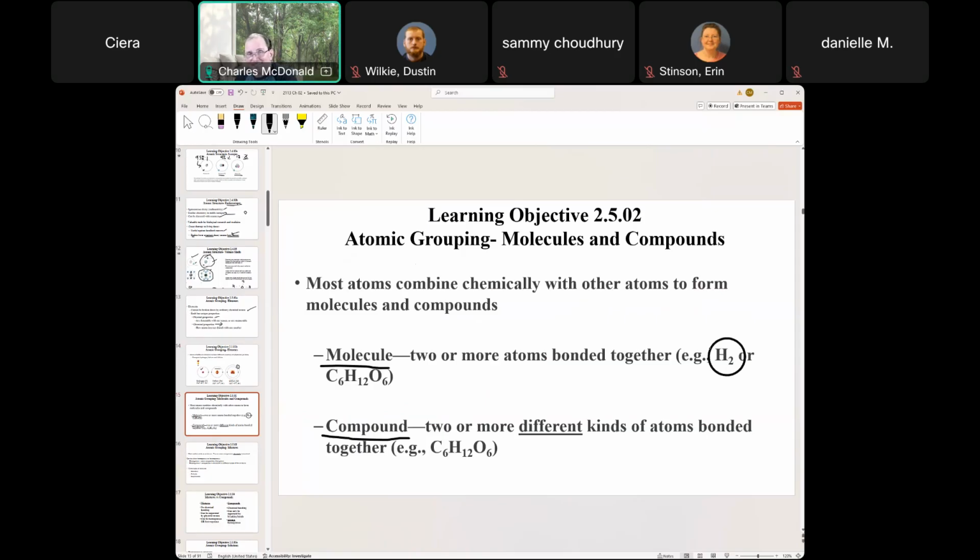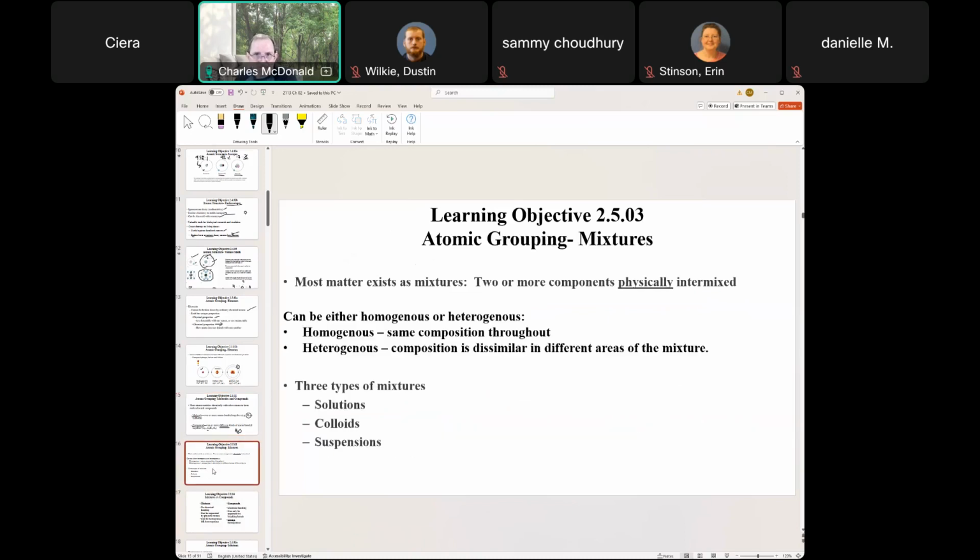That's a molecule, but it's not a compound. To be a compound, it's got to have 2 or more different atoms. So H2O is definitely a compound. It's got 2 different atoms or 2 different elements that are bound together.